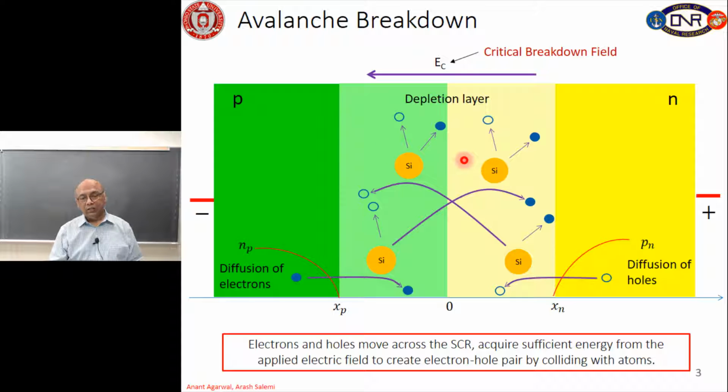Then the newly generated electron hole pairs move in opposite directions and again gain enough energy to create electron hole pairs, and this chain reaction goes on, and that is why we have such a rapidly increasing reverse leakage current, or so called the avalanche current.